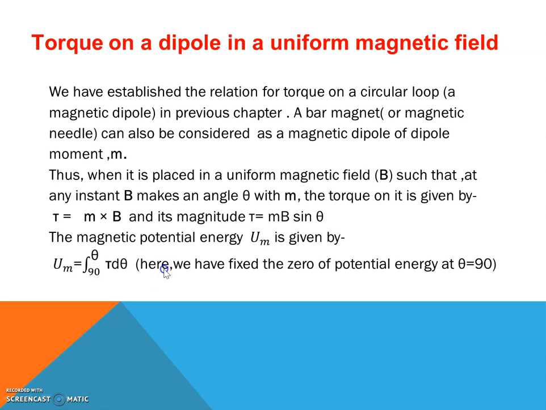Now, we take a specific orientation, we fix the initial position of the dipole in such a way that the magnetic moment of the dipole makes an angle 90 degrees with the direction of the magnetic field.